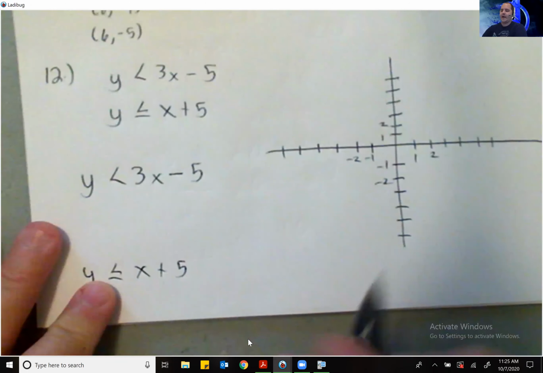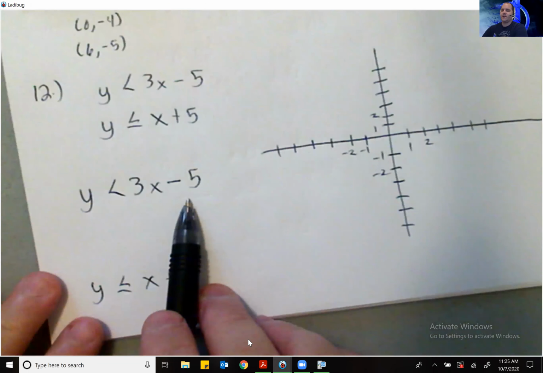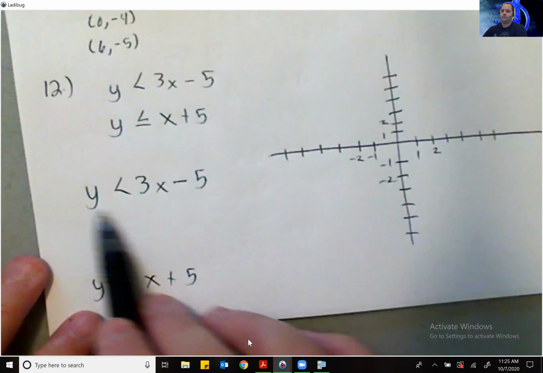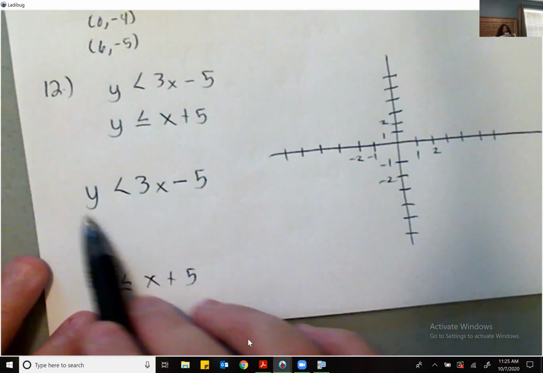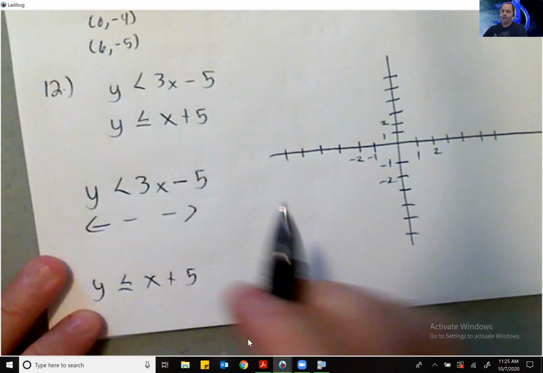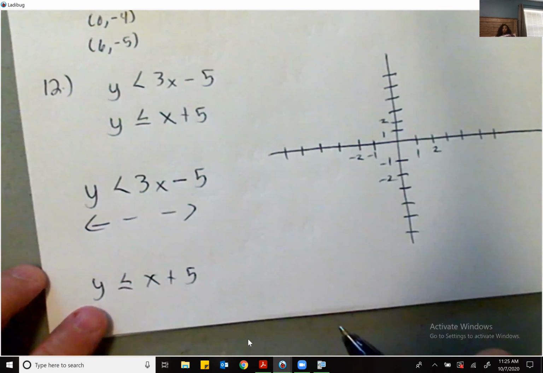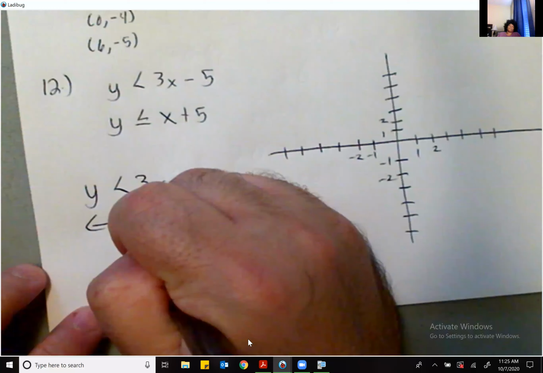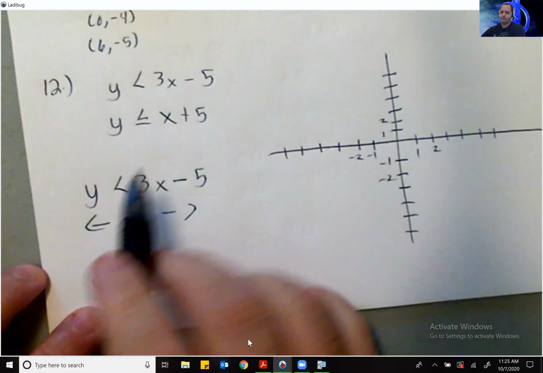So before I go to my calculator, is this going to be solid or dotted? Dotted. Okay. Top triangle or bottom triangle? Bottom. It's a less than.